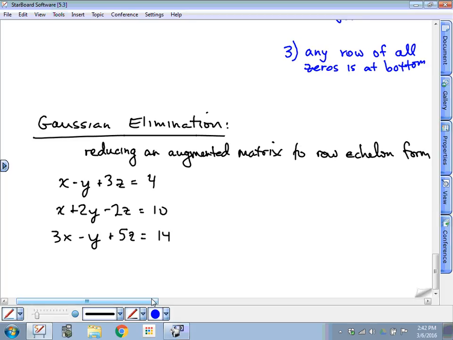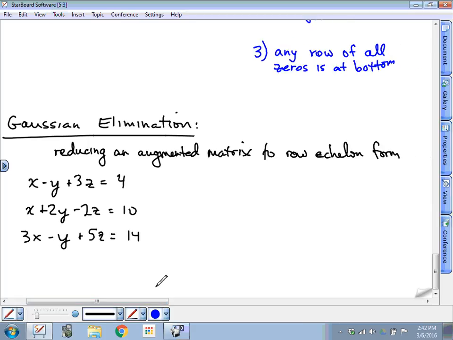So if you ever are planning to become a computer engineer or something like that, you have to know how to program computer programs. So this is how a computer thinks, so only with ones and zeros and numbers. And anyway, first step would be to transfer the system of equations into an augmented matrix.